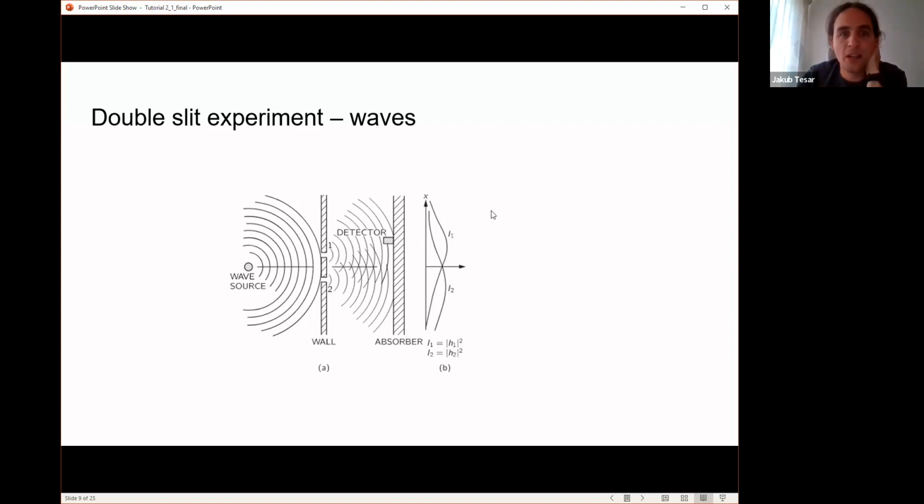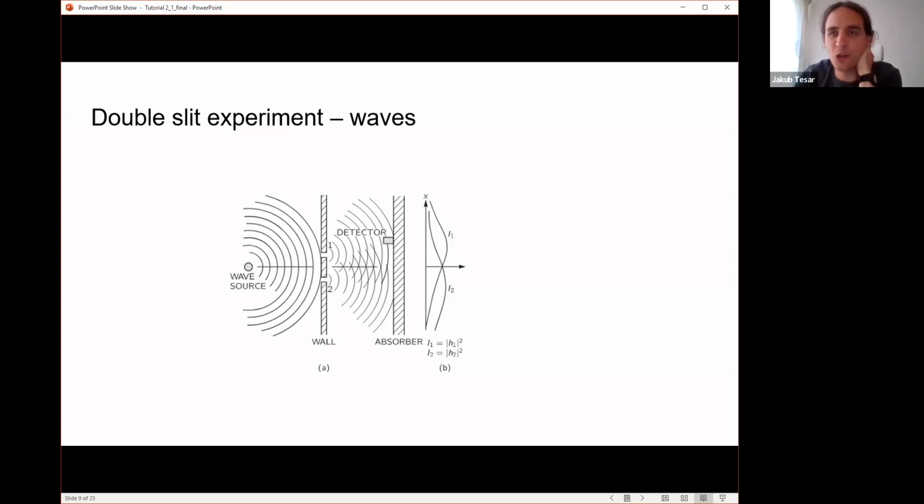So if we close slit number 2 and let only number 1 open, the intensity that we will find will be the same as for the classical particles, with the maximum just across from the first slit. If we close slit number 1 and open the second one, we will see a similar, mirror image of the first one.